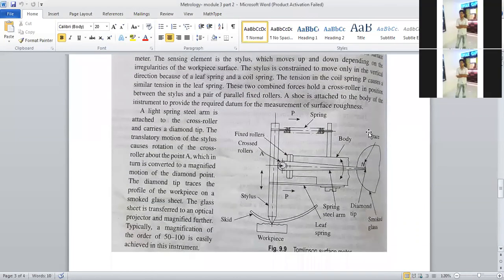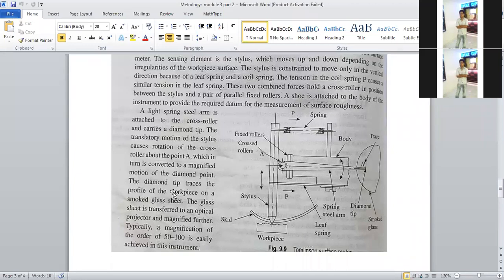So we can see here, this is a stylus which maintains contact with the surface of the workpiece, and this is a skid or shoe. We have already told in previous classes what a skid or shoe is.